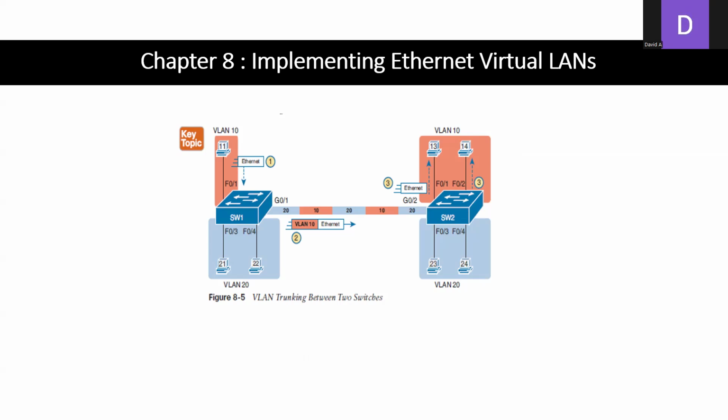I want you guys to just focus on where we're at, layer 2, because we're at part 3, which is implementing VLANs and STP. I want you guys to only focus on layer 2 at this moment.